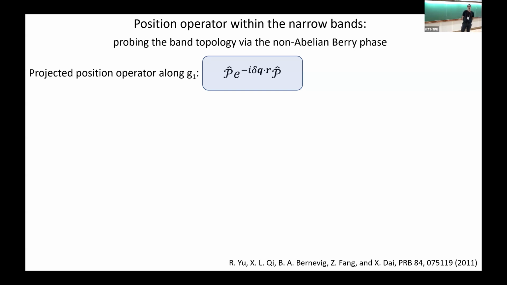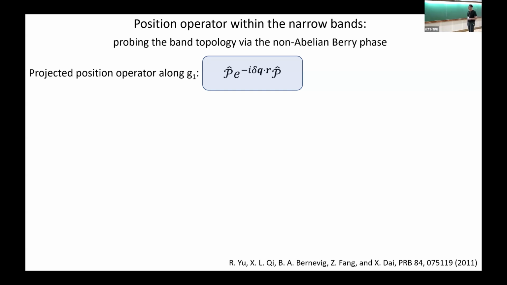So for example, you probably heard about the Z2 topological insulators of Kane and Mele. You know that they preserve time reversal symmetry, and because they preserve time reversal symmetry, they cannot carry finite Chern numbers. But nevertheless, they're still topological. Okay? So how do we detect this topology in our setup?